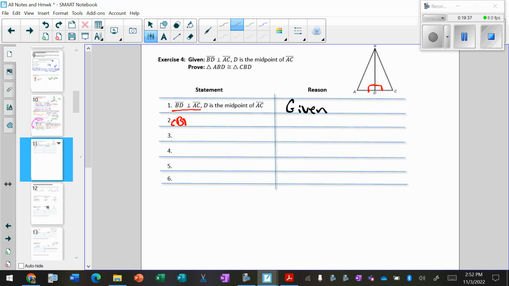Angle BDA and angle BDC are right angles. And I know that because perpendicular lines form right angles.